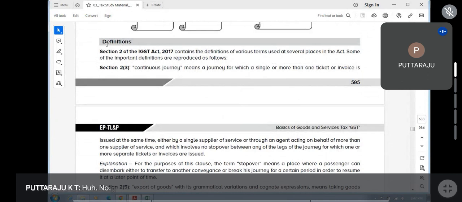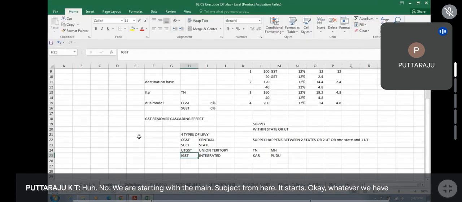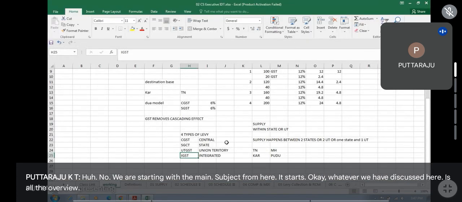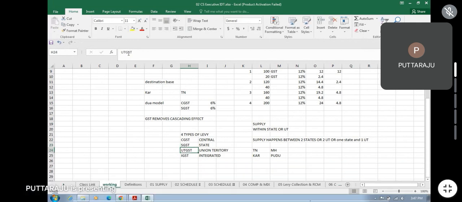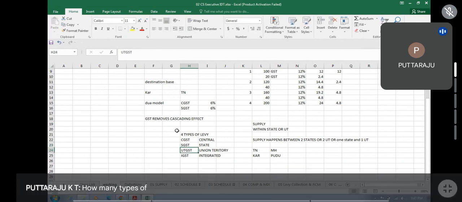Now we are starting with the main subject. From here it starts. Whatever we have discussed here is all the overview. You need to know how many types of levies are there, what is the dual model, how the tax will be levied, and what is meant by cascading effect.